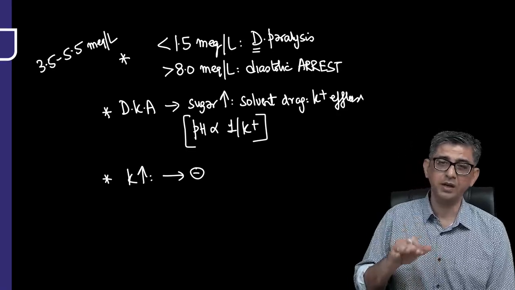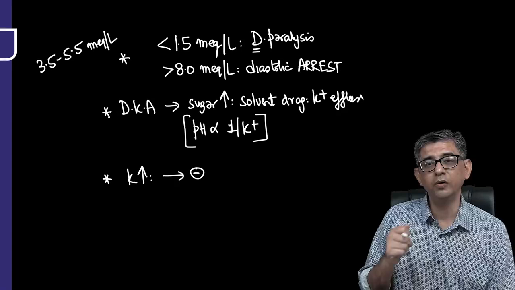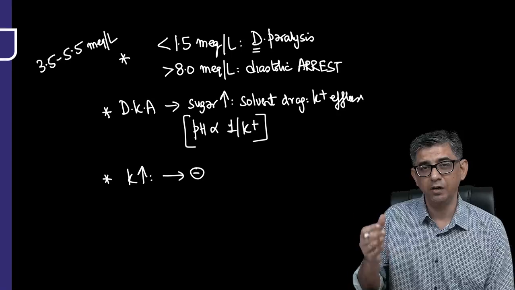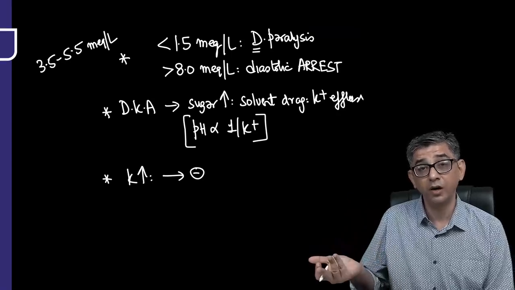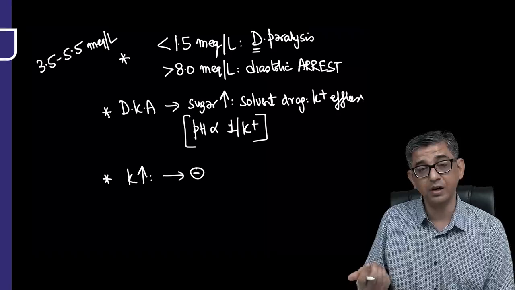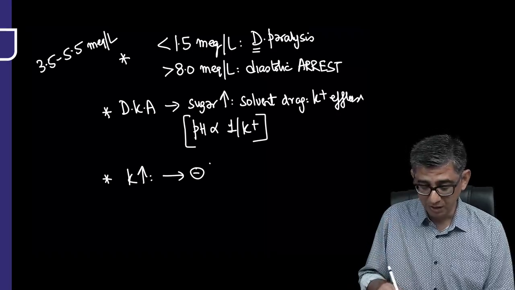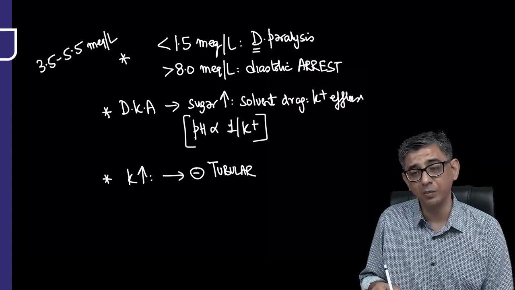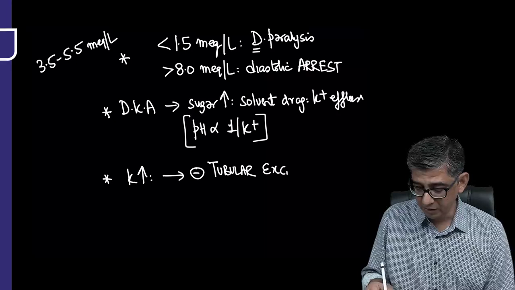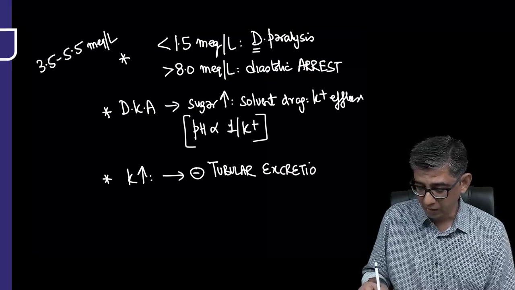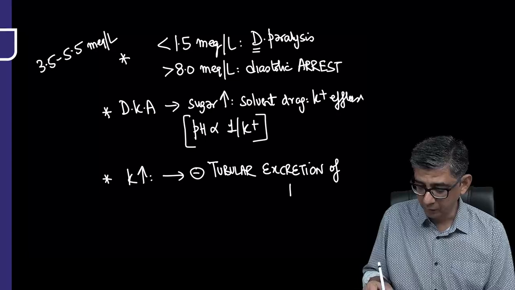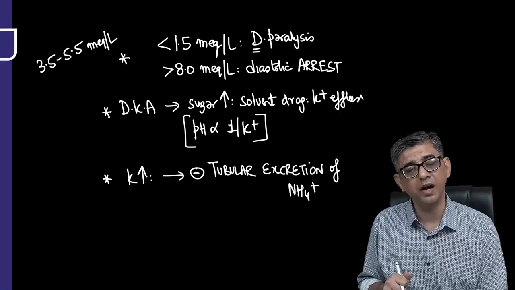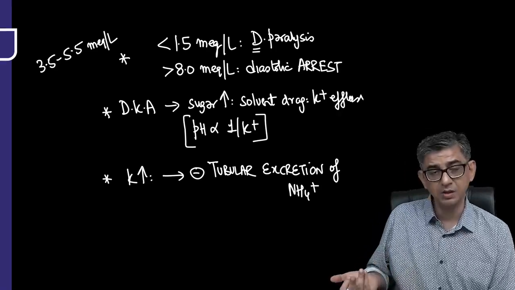I repeat that again. The kidney's basic function is electroneutrality. If there are more positive charges coming in the urine, it will reduce the positive charges, that is, hydrogen ions will not be excreted. So let me just write it. What the textbook says is that whenever potassium gets elevated, it results in inhibition of tubular excretion of hydrogen ions. You see, hydrogen ions are excreted in our body as NH4+, because it's ammonia along with hydrogen ions, and the reason for this is electroneutrality.